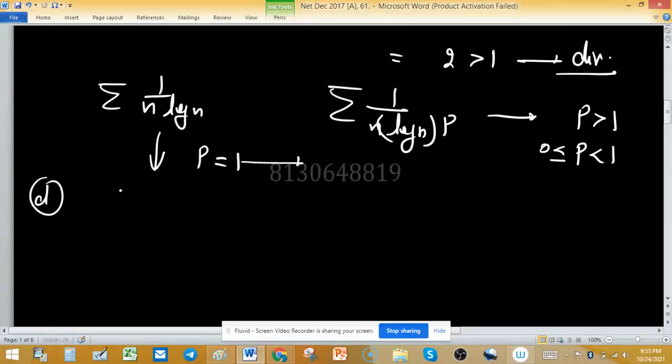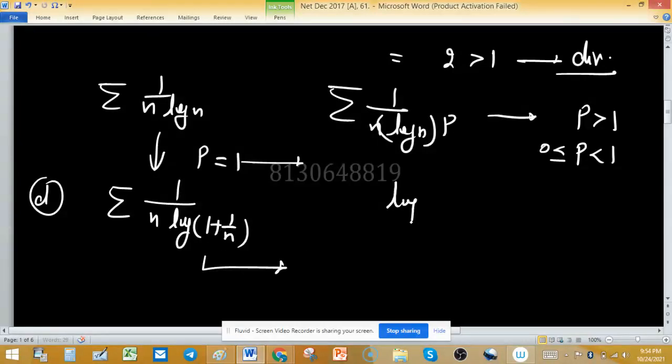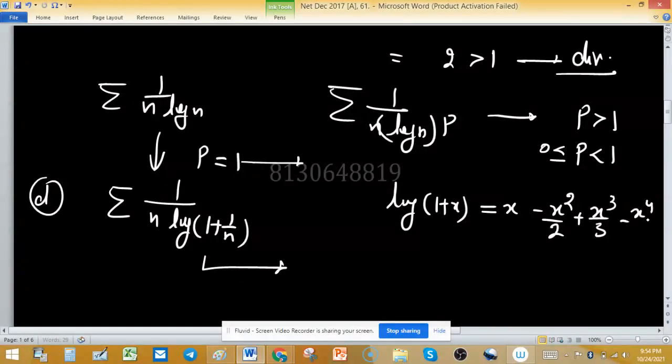In option D, the series given to us is 1 upon n log (1 plus 1 upon n). So expand this with the help of the expansion of log(1 plus x), which is x minus x square upon 2 plus x cube upon 3 minus x raised to the power 4 upon 4, and so on.